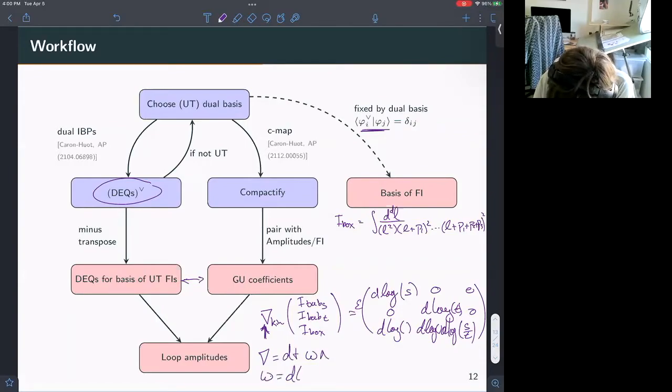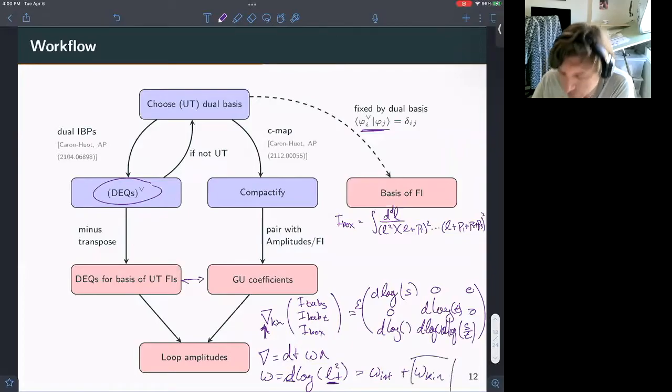Omega is d log of this twist. And once we restrict this twist to some cut, it's going to gain some kinematic dependence, and this d will hit that kinematic dependence, and I can write it as d, an internal loop kind of piece, plus a kin. And when I say kin, I'm just talking about this piece of it.